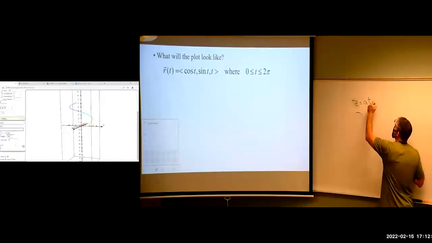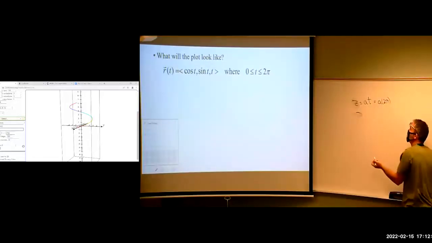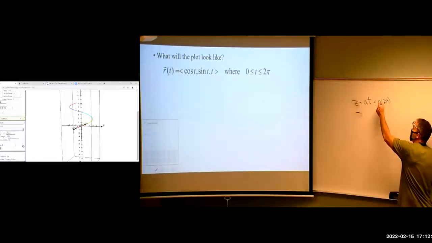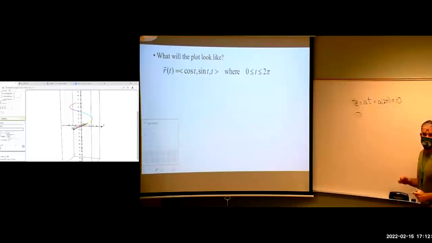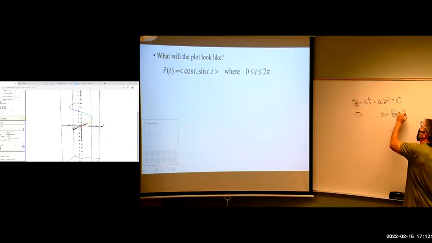So a times 2 pi. Well, we want a to be such that when t is at 2 pi radians, this equals 10. We just solve that for a. So a equals 10 over 2 pi, or 10 over pi. Sorry, 5 over pi. Does that make sense?